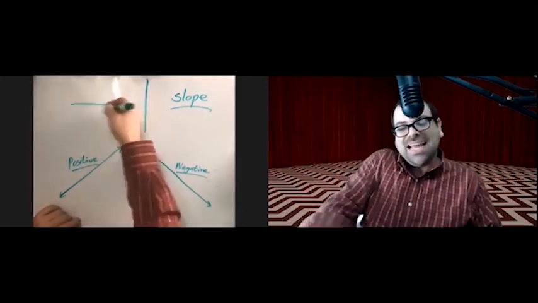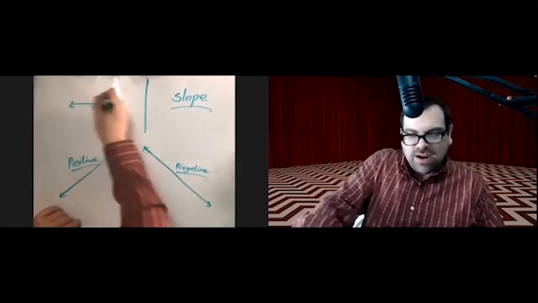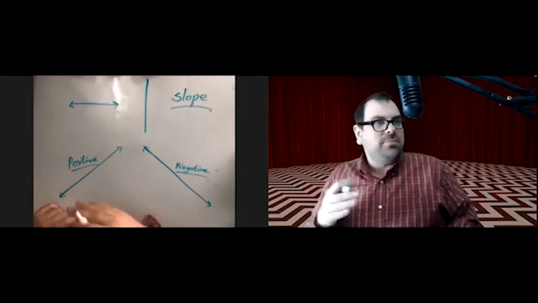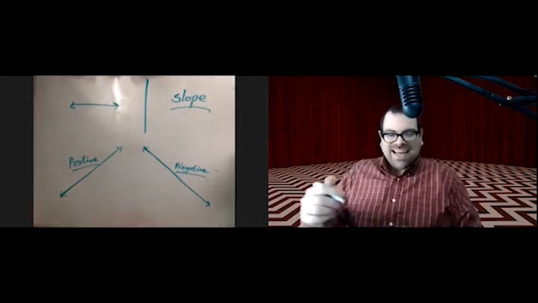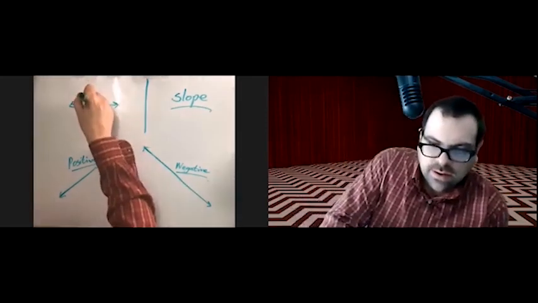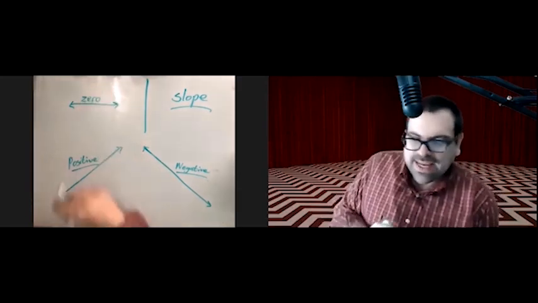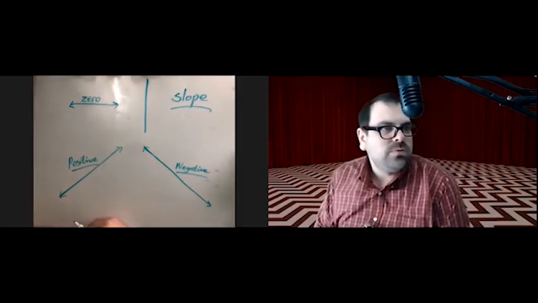Something that is flat, you can imagine driving a car and it not being uphill or downhill, just being flat, we say has 0 slope.